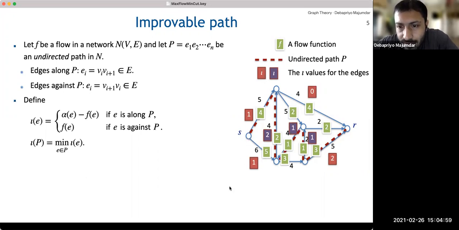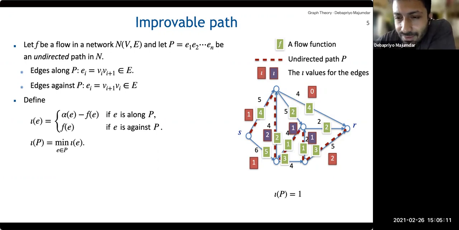So for this whole path, then iota of P is 1, right? So 1, 2, 1, 1, 2. Right? So 1 is actually the suggested improvement for this path.